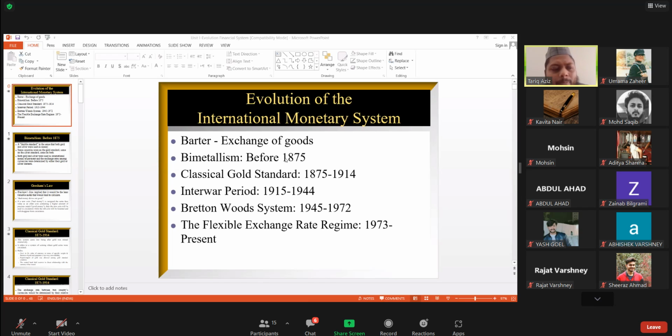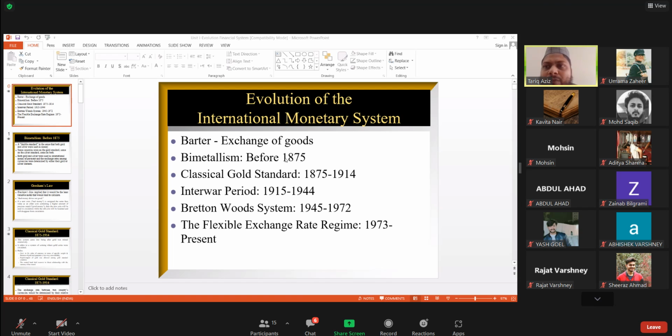But for today, let us try to understand how the current monetary system has evolved over time. Monetary means money. The word monetary has its root in money. So monetary system is basically the system of money, and the word international has been added to this. So when the money system is studied in the international context, that field of study and knowledge is termed as international monetary system.